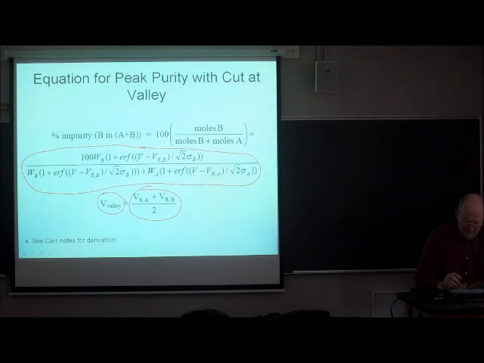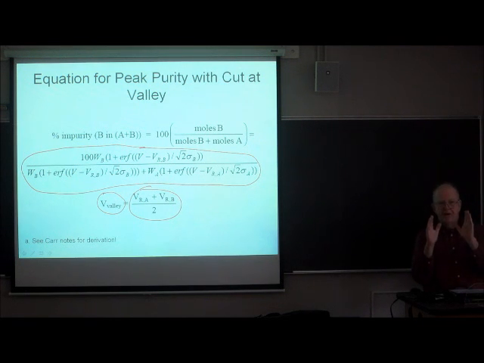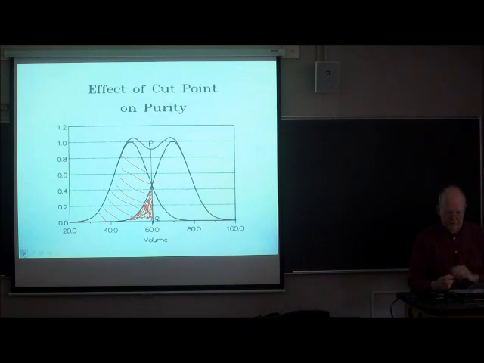And by the way, I think it's almost self-evident that for equal sized peaks with equal sigma, if you take the cut at the valley, you lose as much A as B that you gain. I see some heads going, but I don't see enough heads going, right? It's a symmetrical situation. The symmetry demands that this be equal to that.